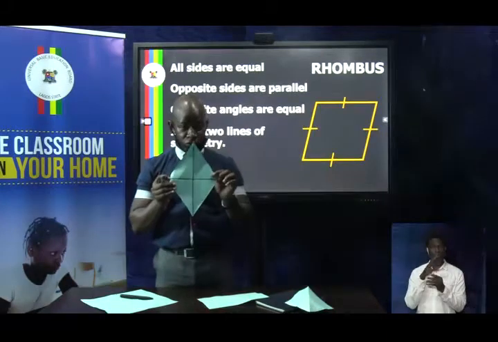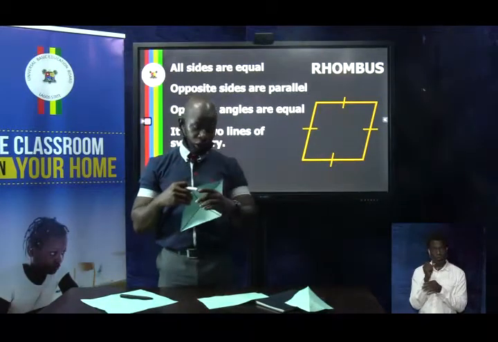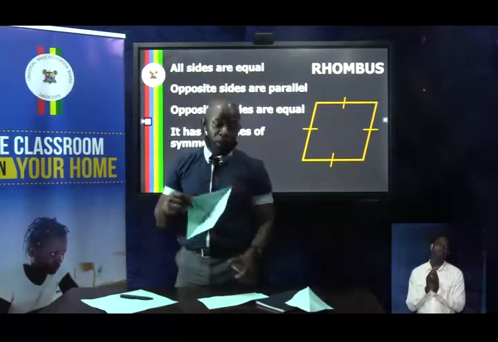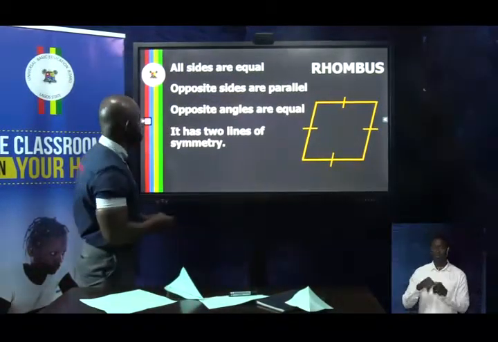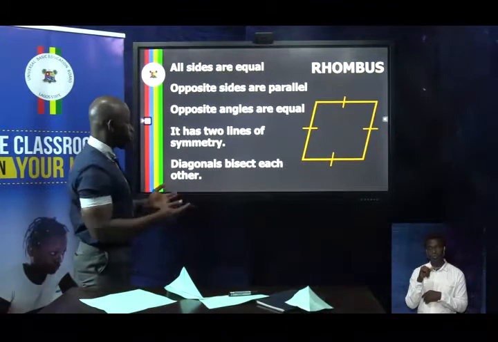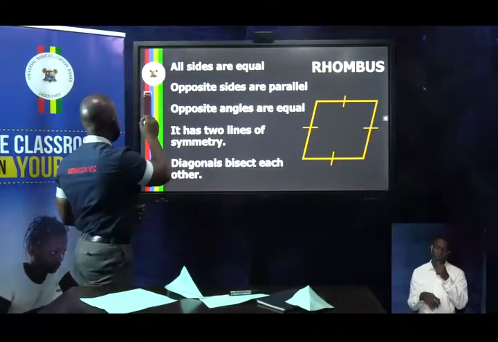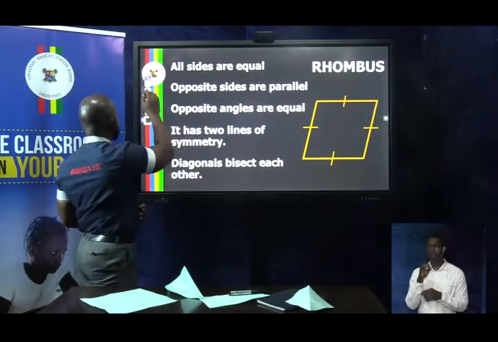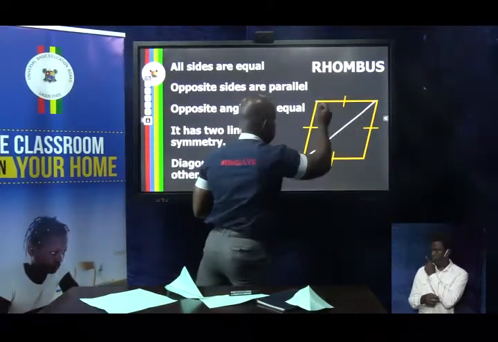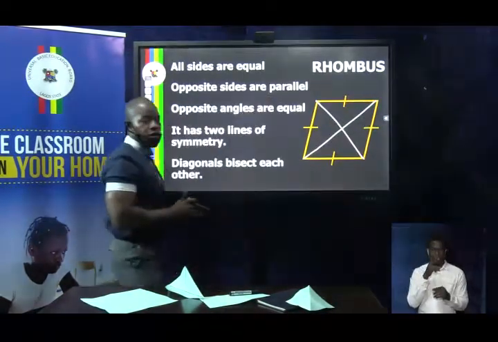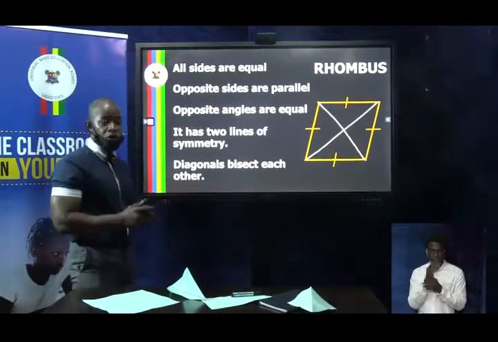So these are the two lines of symmetry. If you try to find any other line of symmetry again, you won't be able to find it, but you can try during your leisure, my friend. What other property does a rhombus have? The diagonals, again, bisect each other. That means these lines and these lines divide each other into two equal parts. So these are the properties of a rhombus.